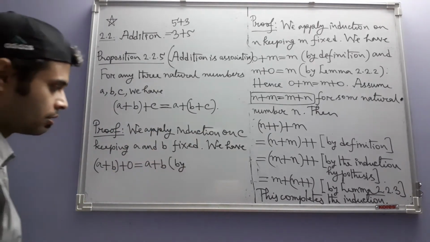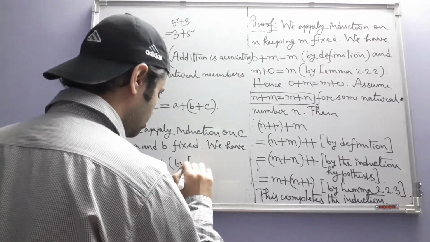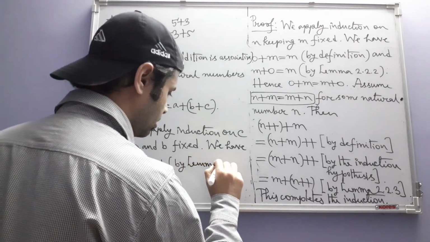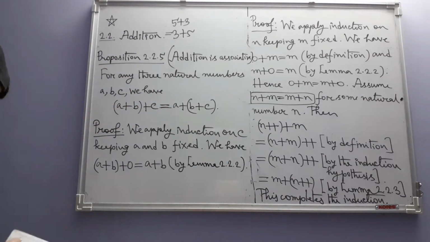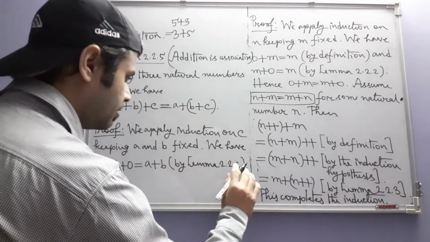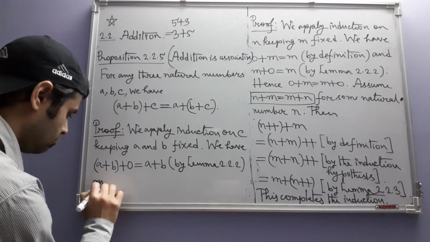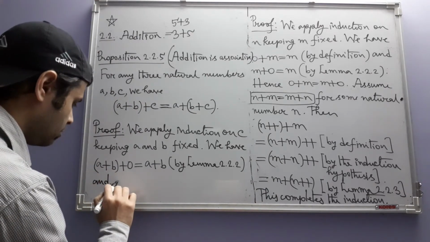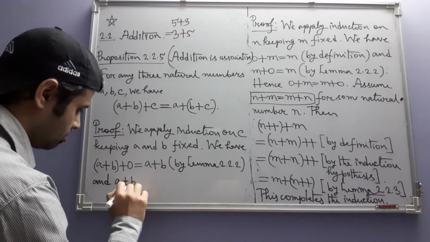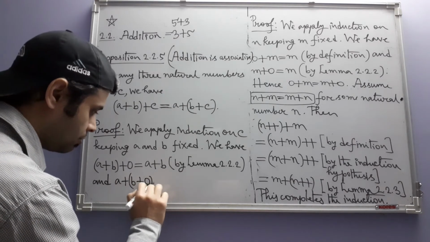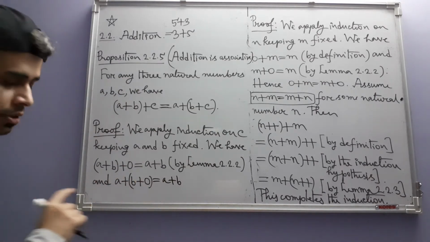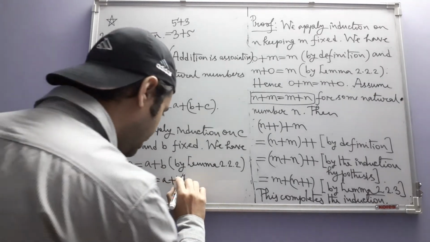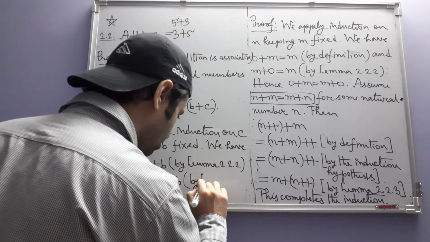We are going to refer to the results by lemma 2.2. I think that is the one. Lemma 2, yes. And a + (b + 0) is also equal to a + b, because b + 0 is equal to b, again by that same lemma.